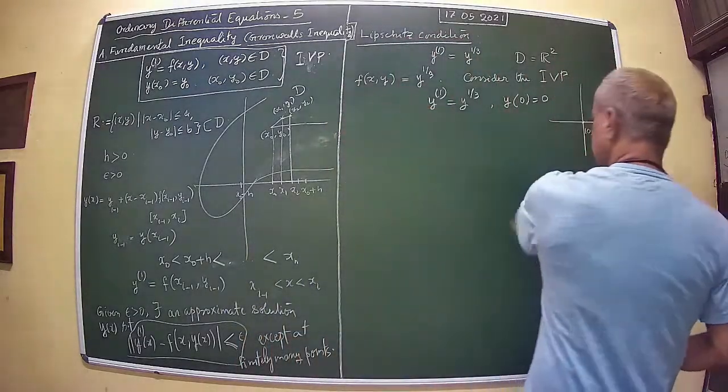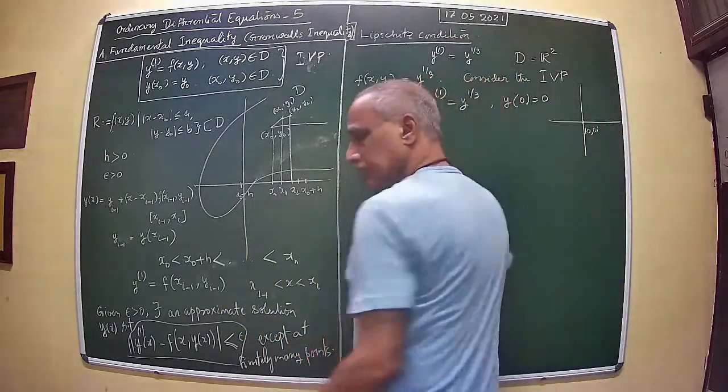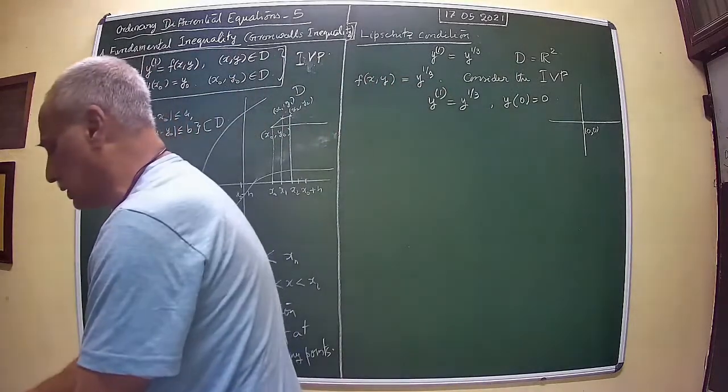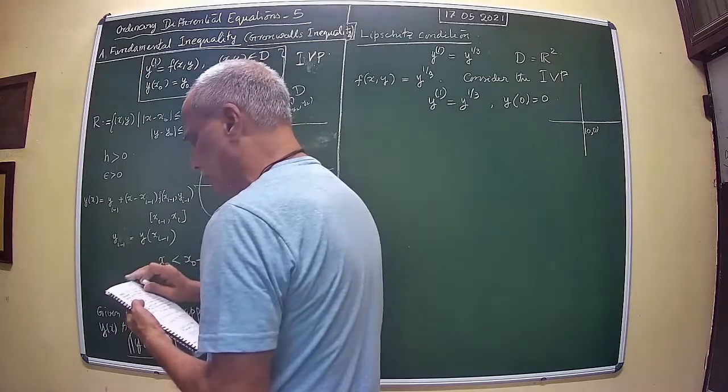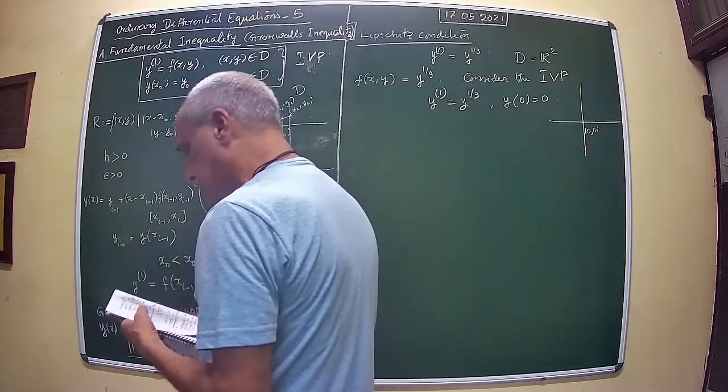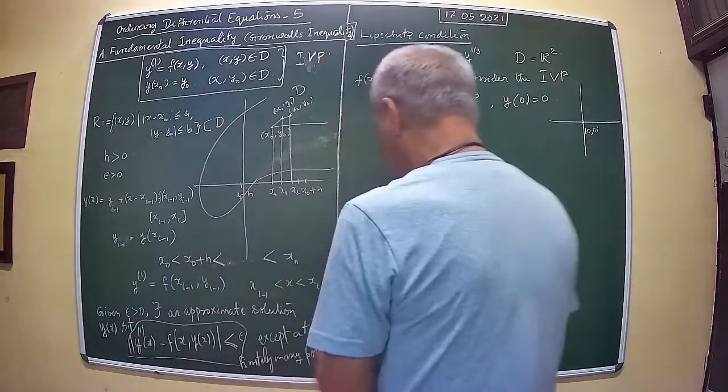One can solve this, and you can immediately see that the solution to this equation is very simple to solve. I think your elementary knowledge of solving differential equations should help you.